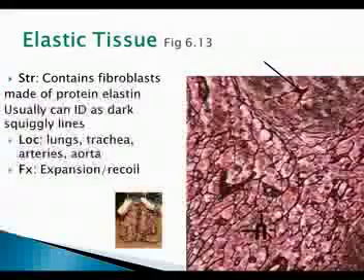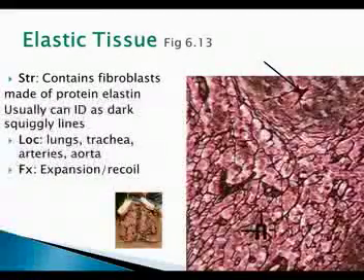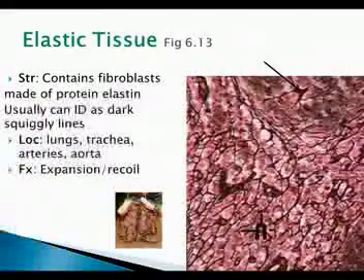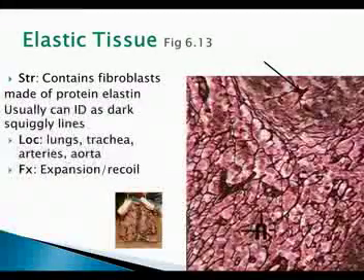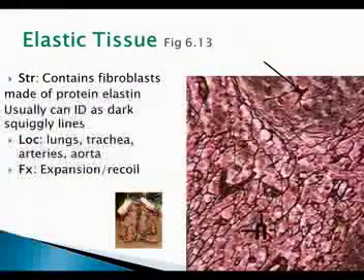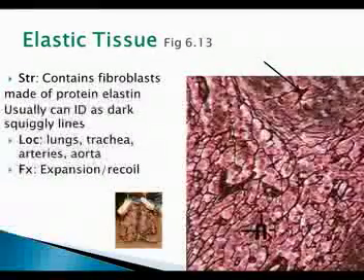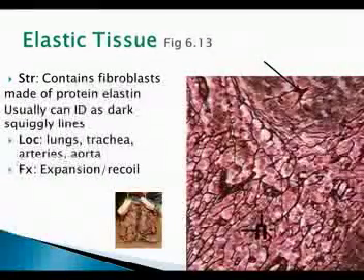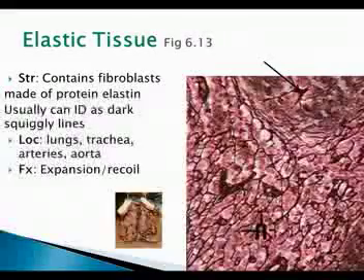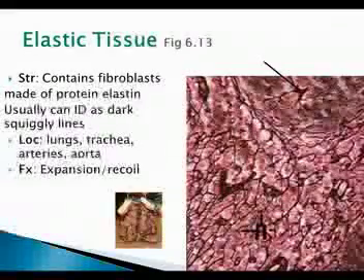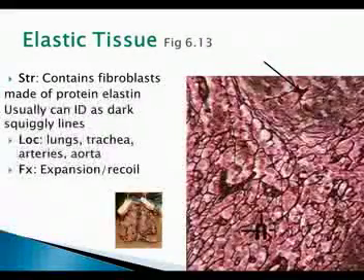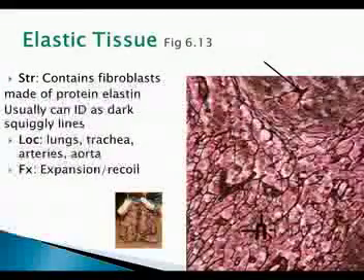All right, and the last type of dense connective tissue is elastic tissue. And what really defines elastic tissue are elastin fibers. All right, so this protein, these elastic fibers, intermingle within the tissue, right? And so the key to elasticity is not so much stretching, but recoil, right?